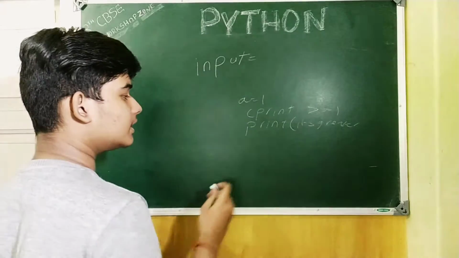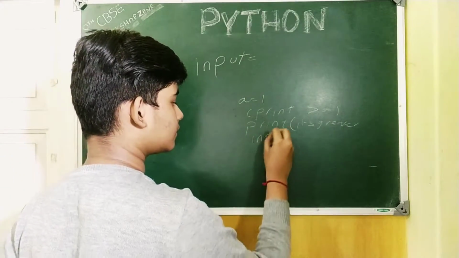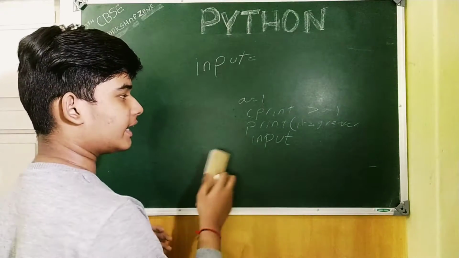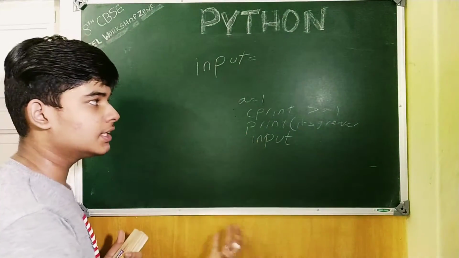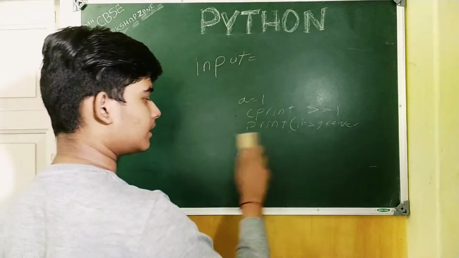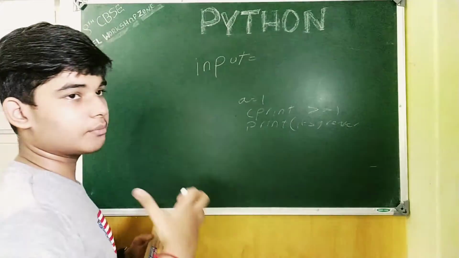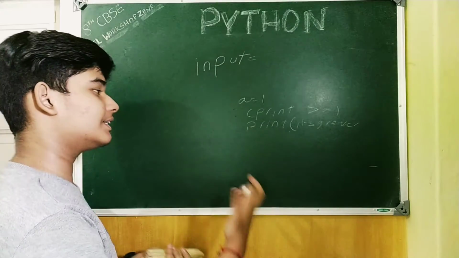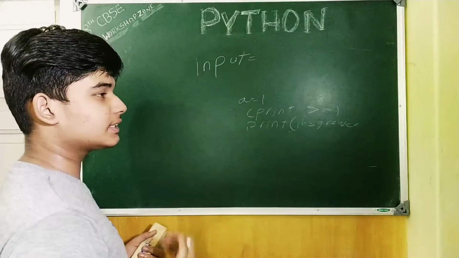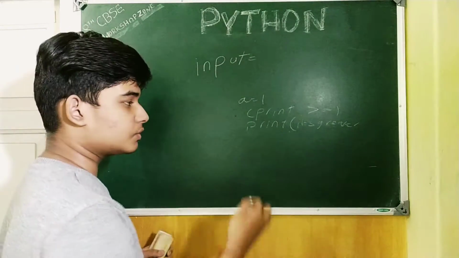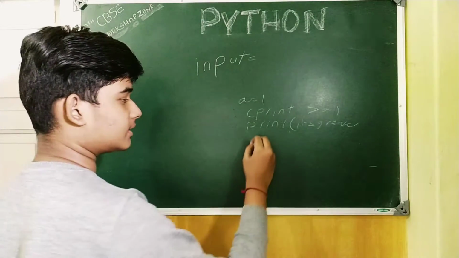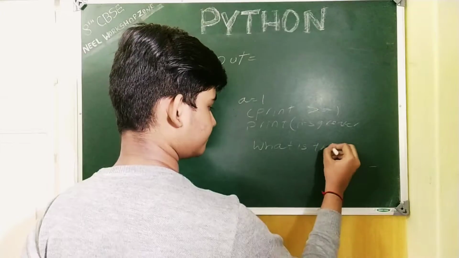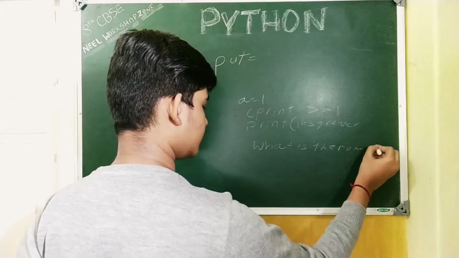So what input does is, when you type something like input in the code and add it, then when you run it, it asks something like "what is the number?" After you click enter, it asks what the number is.